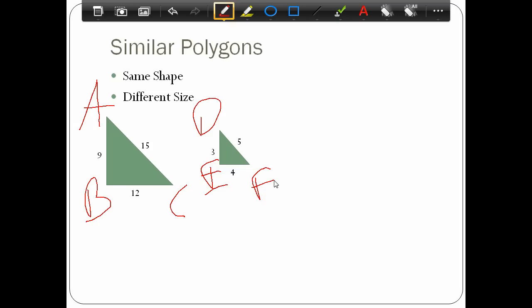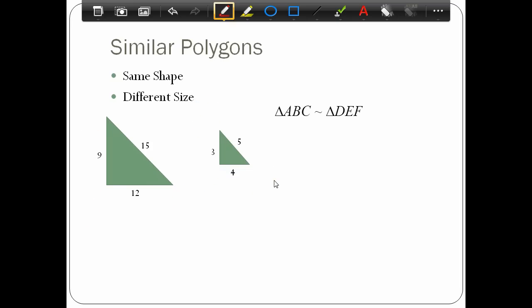The way I do that is with a little tilde symbol between them. Triangle ABC, tilde, which represents the word similar, triangle DEF. That's technically called a similarity statement.